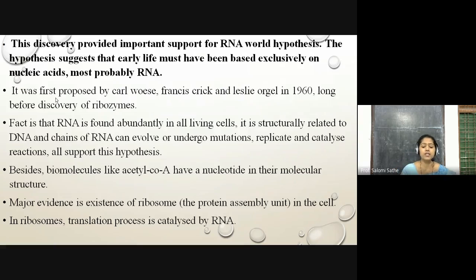Major evidence is the existence of the ribosome, the protein assembly unit in the cell, and in the ribosome, the translation process is catalyzed by RNA, and we know that mRNA, messenger RNA, plays an important role in the translation process.